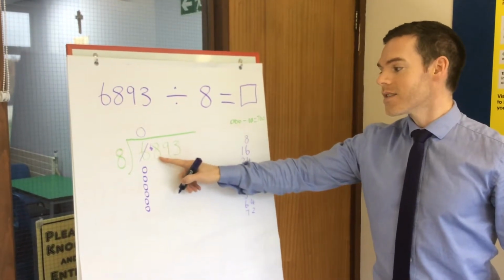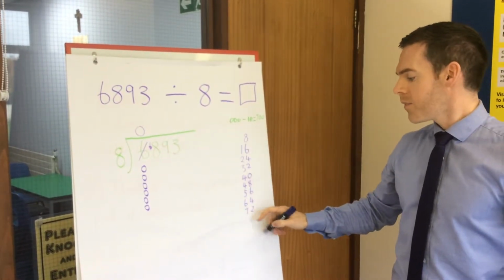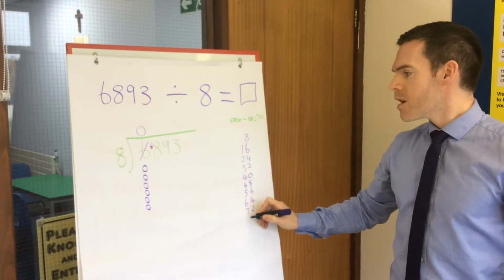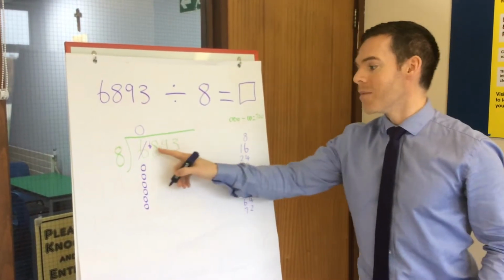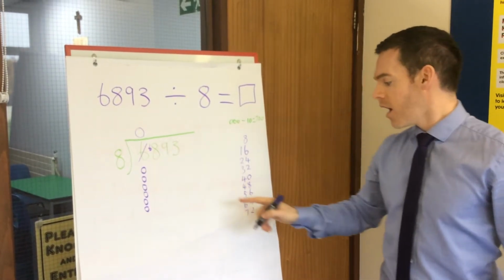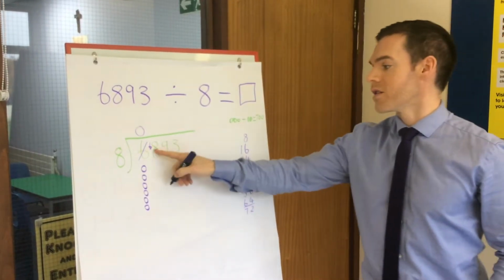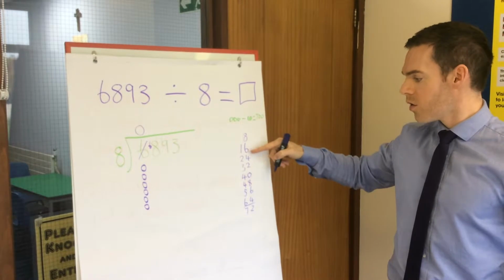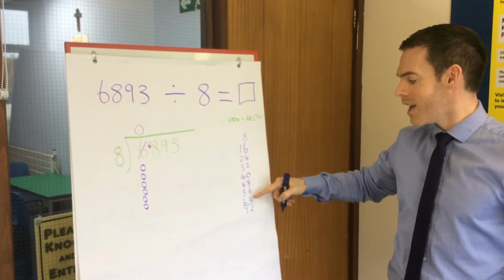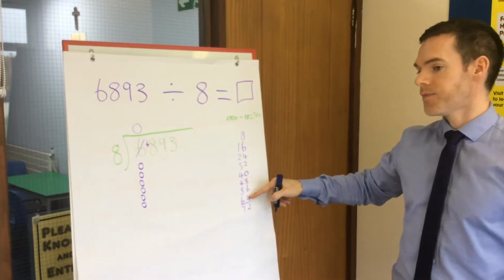I had 68, I've gone past that now, I've got to 72. So how many groups of 8 can I make with 68? Well, I can only go to here, because that's too many. I haven't got 72, I've only got 68. So I can make 1, 2, 3, 4, 5, 6, 7, 8 groups of 8.